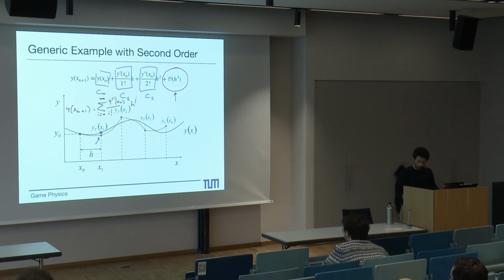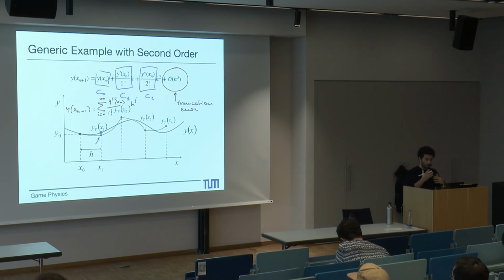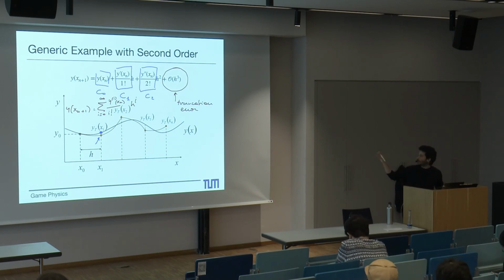this term is called truncation error, and this would give you essentially a ballpark of the terms that we are not considering, which are playing the role of these terms in the expansion. So we know that our error here is going to be proportional to the power of 3 of the size of our discretization, meaning that if we reduce this discretization by a factor of 2, then our error will be reduced by a factor of 8, and so on and so forth.